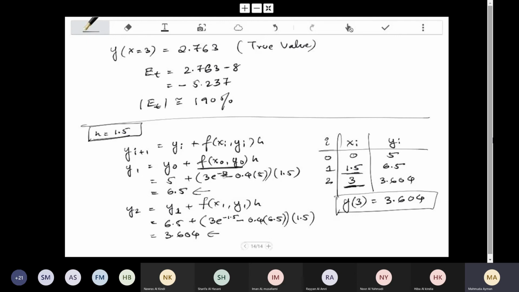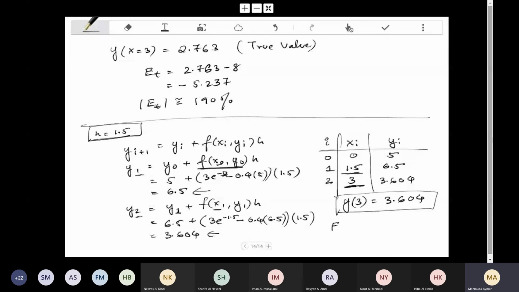For y1 you're using x0, for y2 you're using x1. So to know that you have found the value for x2 for the y2, it's better to draw the table because that makes it clear for you.